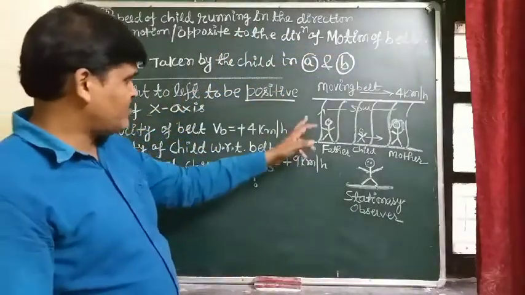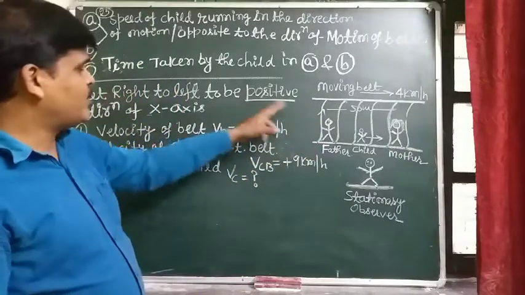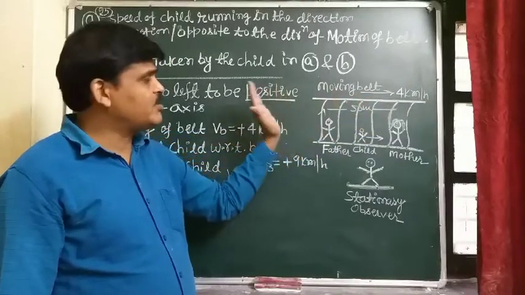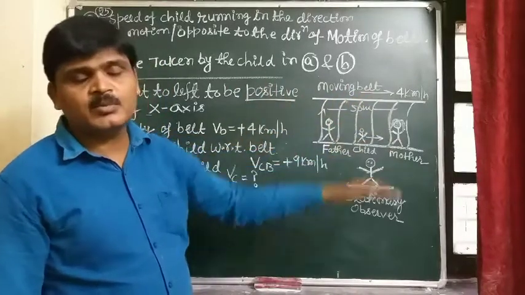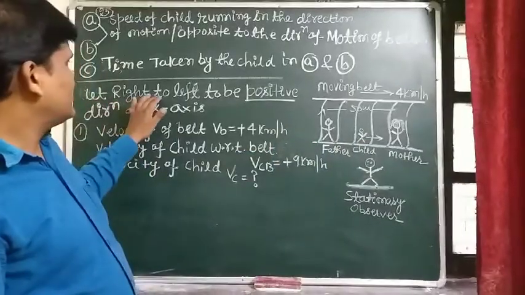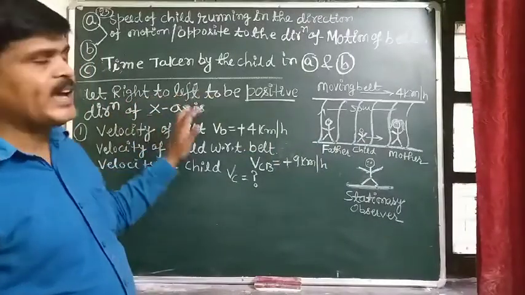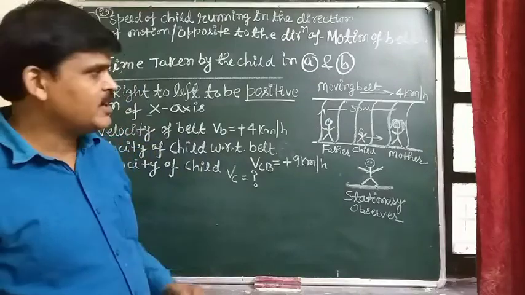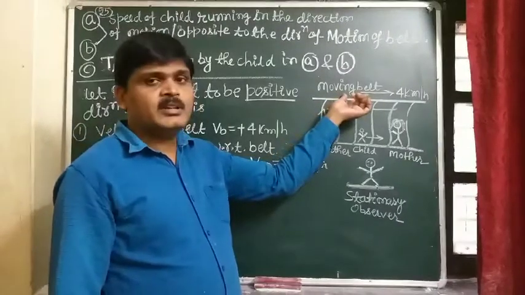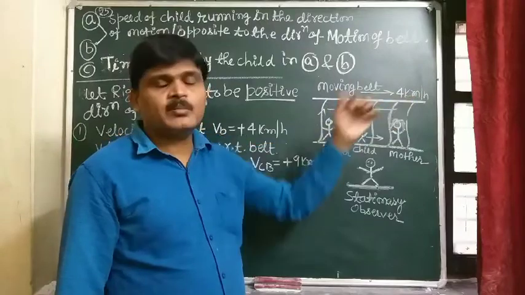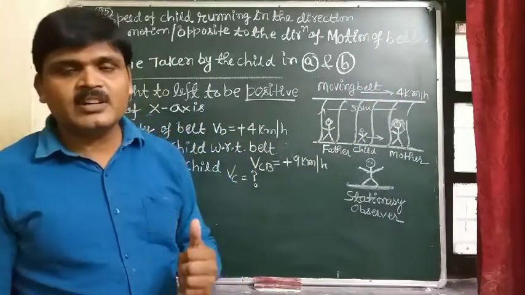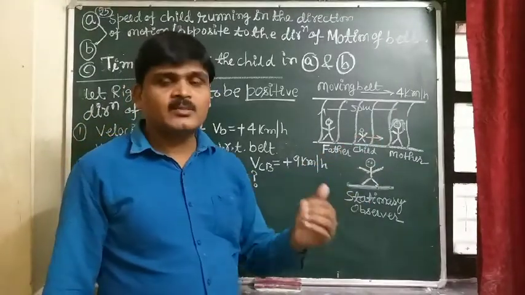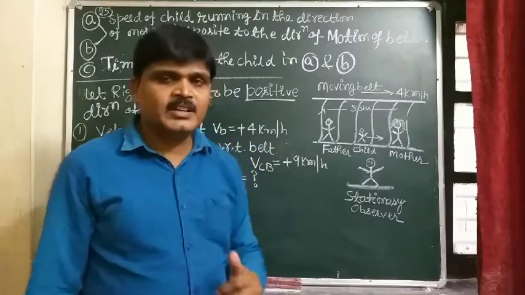And student, here the belt is moving left to right, and this direction is taken to be the positive direction of the x-axis. The velocity of the belt is given as 4 km per hour, and the velocity of the child with respect to the belt is given as 9 km per hour.